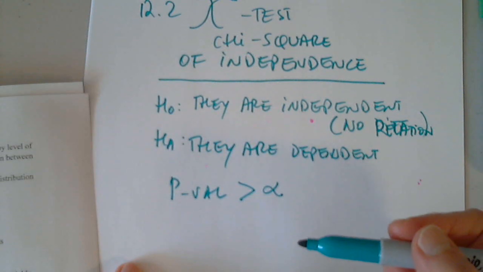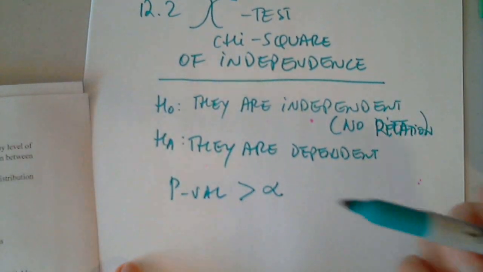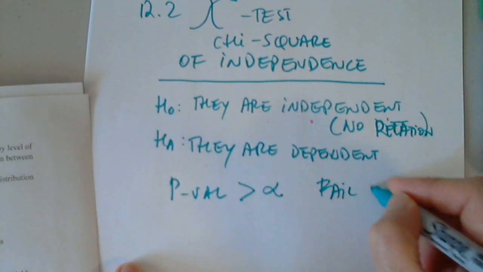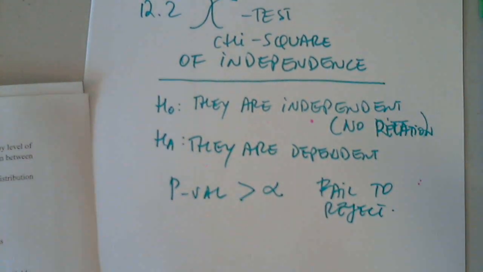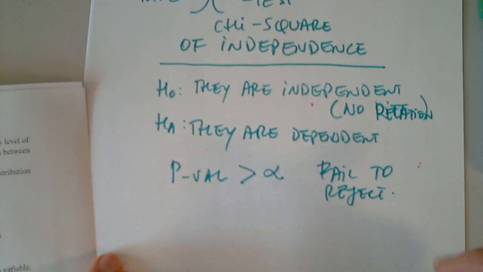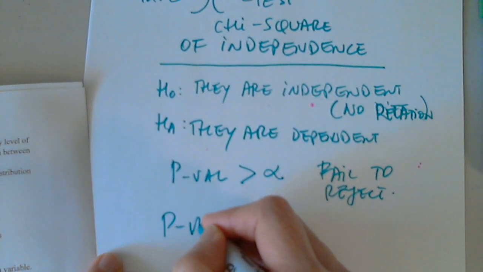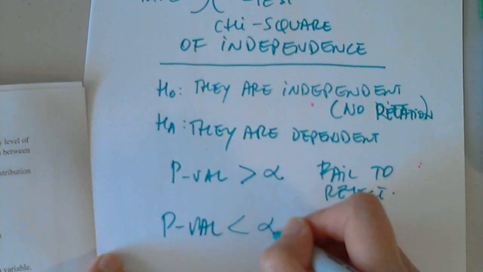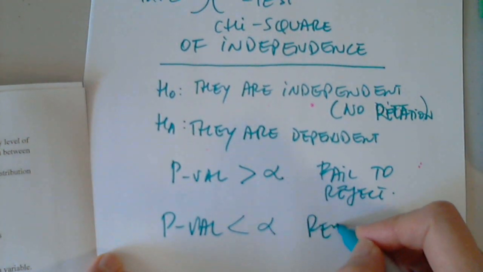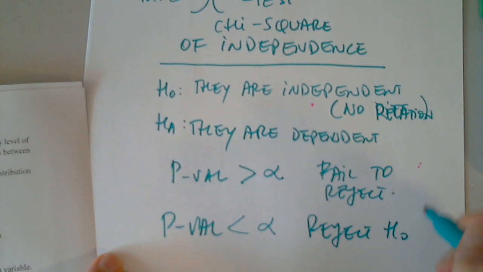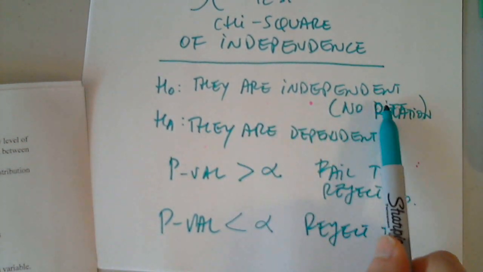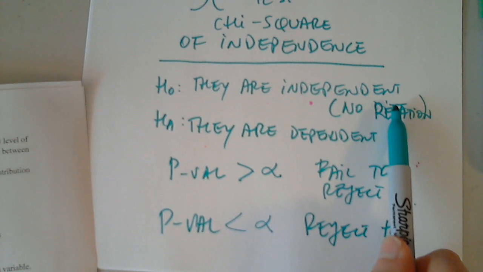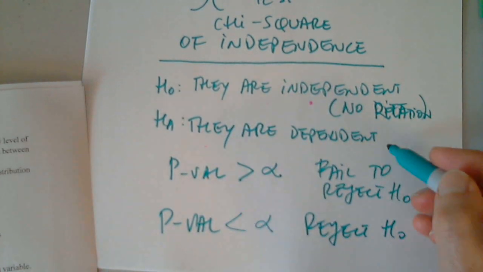There is insufficient evidence to reject, fail to reject, whichever you want to write it. And the other option is when the p-value is less than alpha, we reject the null hypothesis, meaning they don't appear to be independent. They appear to have some sort of dependency.